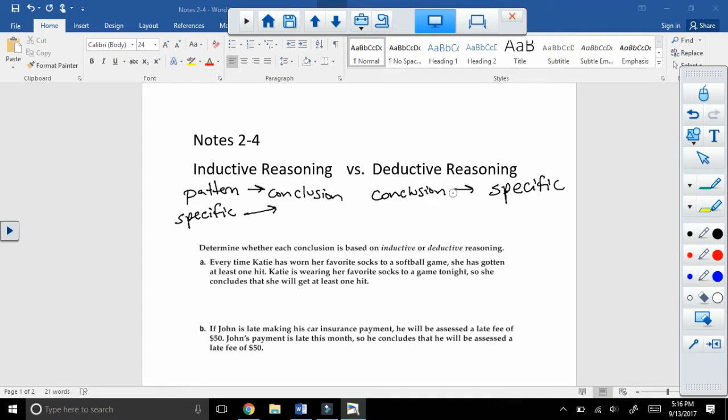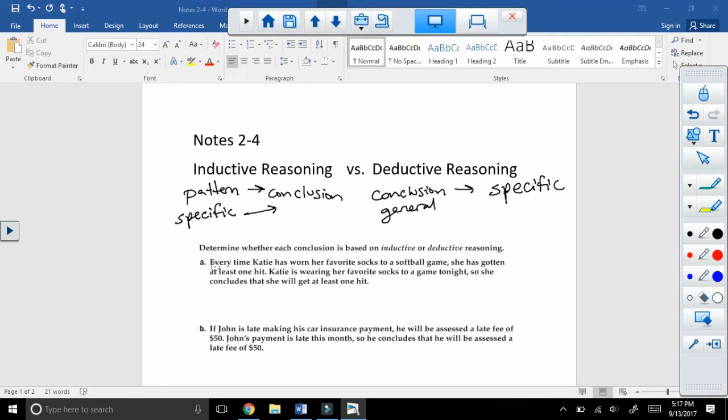They have some sort of rule for how they solve a case, and then they take those techniques and the evidence and stuff and they apply it to specific situations. So some of the questions are going to ask you to decide if it's inductive or deductive. And I'm going to ask that you just look and see, are you going from specific to general, or something kind of general like a conclusion, to something specific.